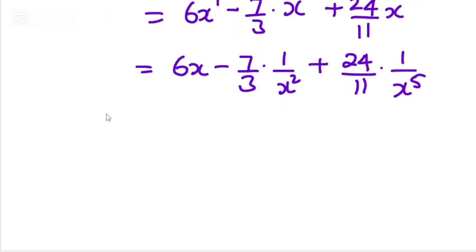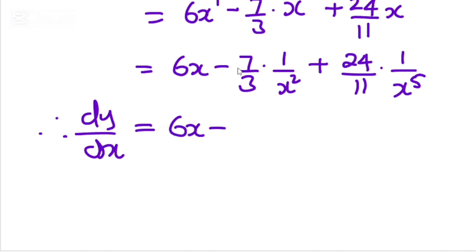So here we can conclude and say, therefore, dy over dx is equal to 6x minus 7 times 1 is 7 over 3 times x squared, which is 3x squared.